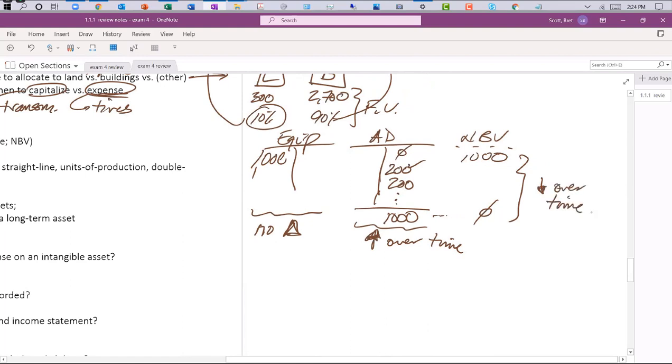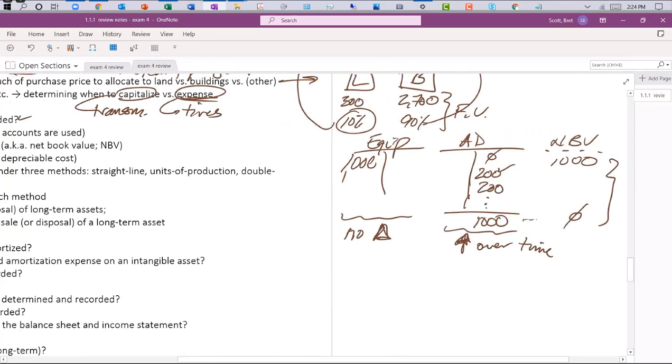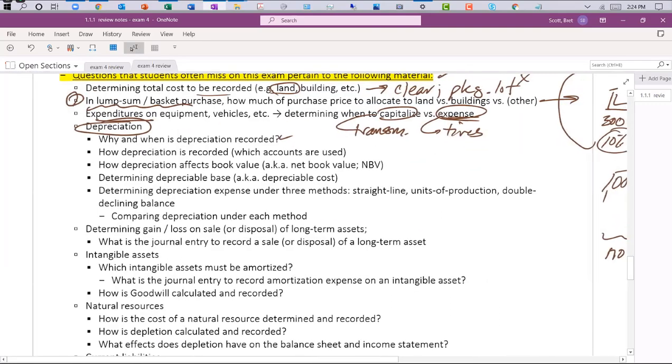And that's how we recognize the fact that the asset is losing value because we're consuming its usability. It's the net book value that we report on the balance sheet, not just the cost or its accumulated depreciation. We show the net of those two things. So that's how we determine how much depreciation is being recorded and what the end result is as far as book value, aka net book value, or NBV.